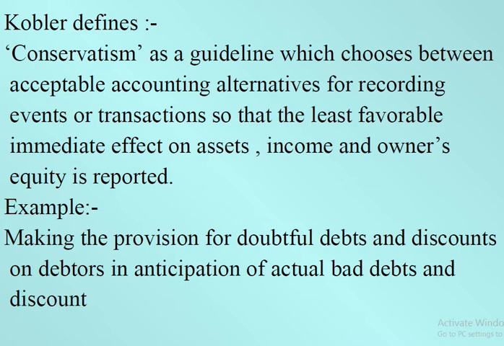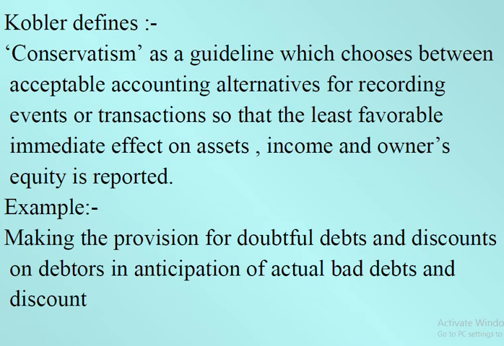For example, making the provision for doubtful debts and discounts on debtors in anticipation of actual bad debts and discount. Provision for doubtful debts: for example, you have extended certain loans and you think that these loans are not recoverable, that will become doubtful debts.